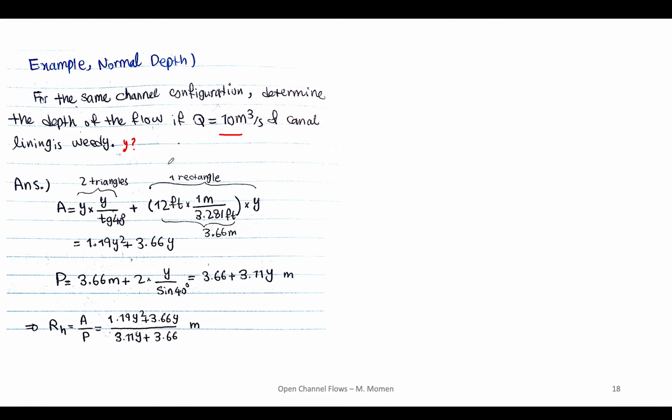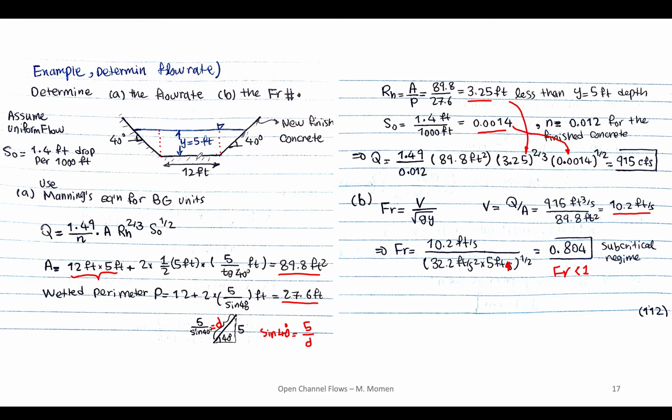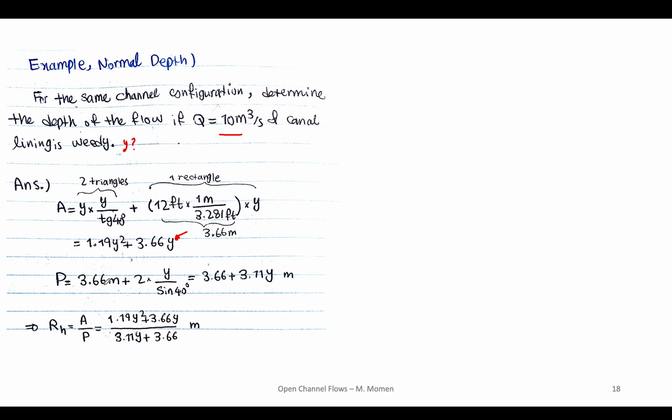So I just write it down in terms of y. It's going to be 1.19 y squared for this plus 3.66 y for this term. And the wetted perimeter is going to be this 12 foot, which is 3.66 meter, plus the two sides we had, y over sine 40.